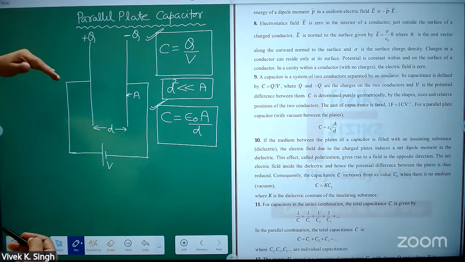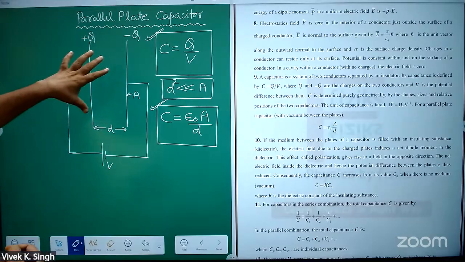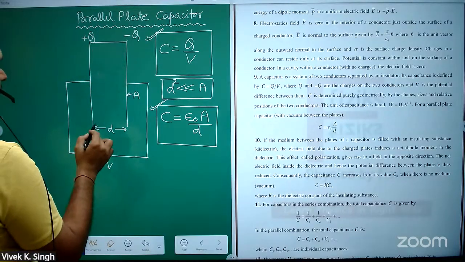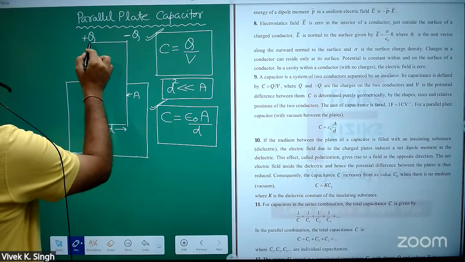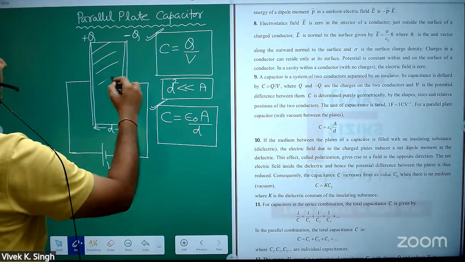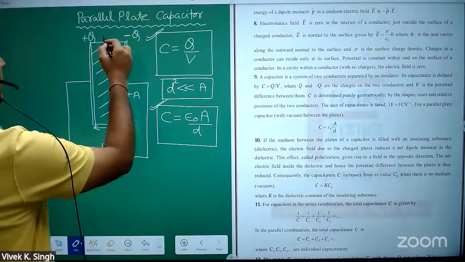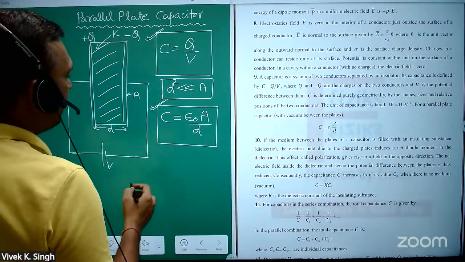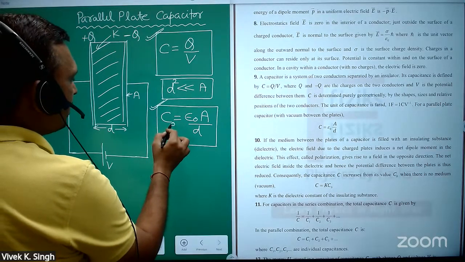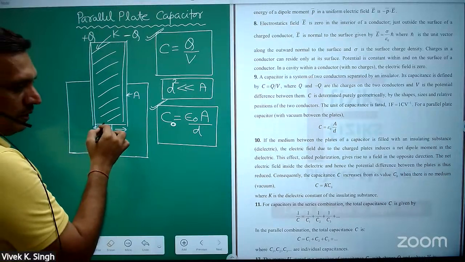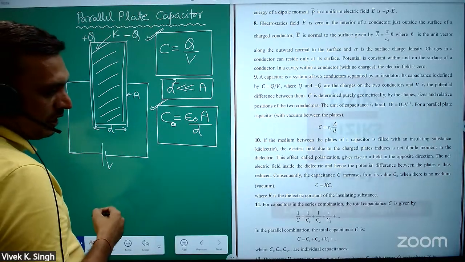But when there is a dielectric in this parallel plate capacitor, if you have inserted a dielectric material here having dielectric constant K, let's write the capacitance in free space as C naught. When there is free space in between, capacitance is C naught.